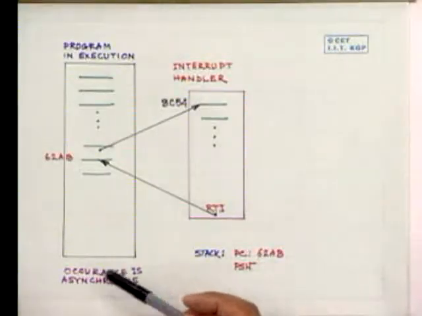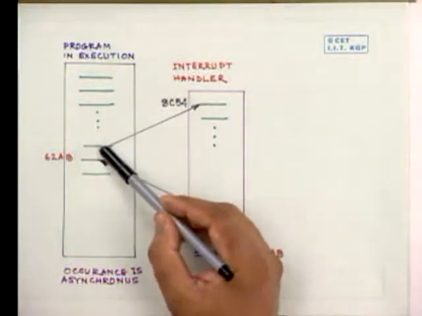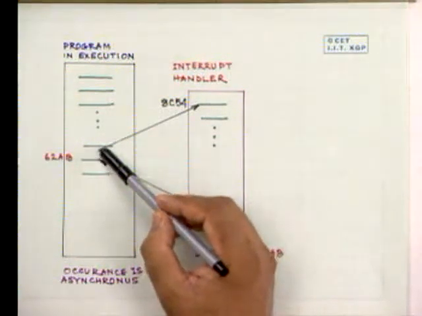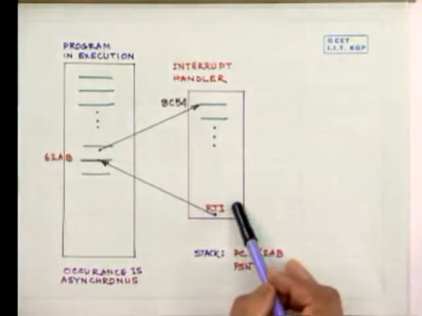using the hardware stack pointer, just like we discussed in the case of a subroutine jump, where the program counter is stacked in the system stack. Here the program counter and the processor status word are stacked one after the other, and the control of the execution of the program is now transferred to the interrupt handler.